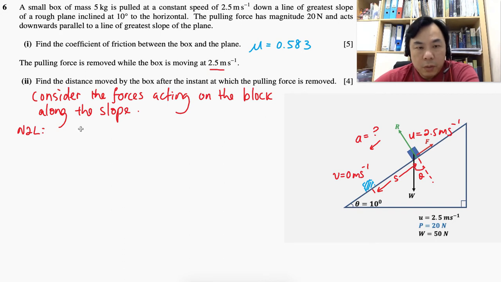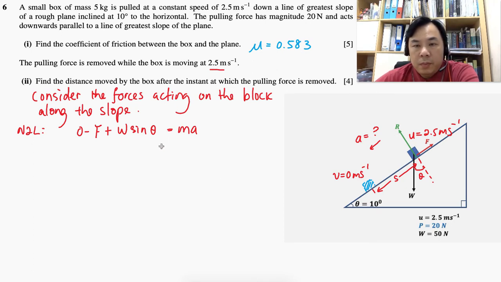The pulling force has been removed, but there is a frictional force. At the same time, there is also another component of weight, which is W sine theta here. That would yield a deceleration, or negative acceleration in this case, right?